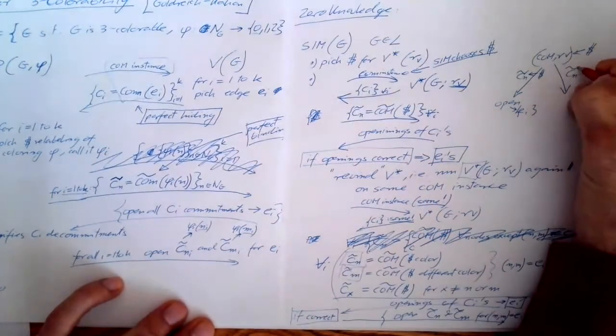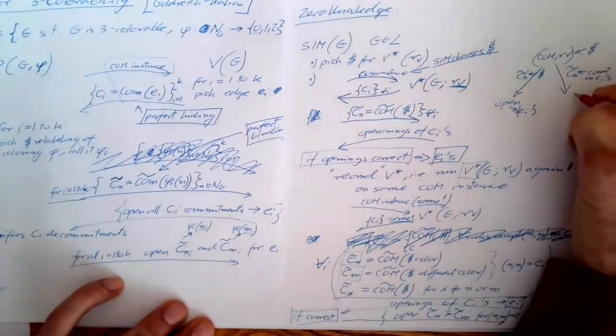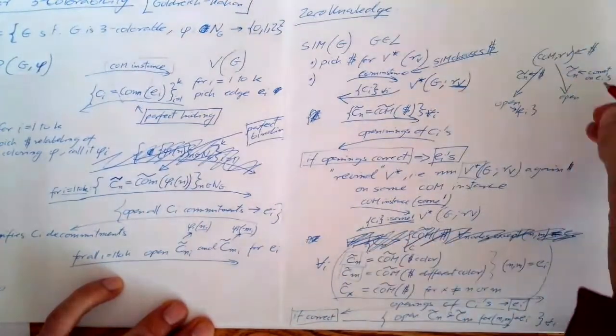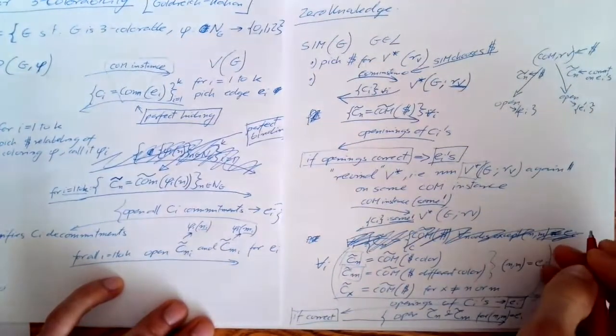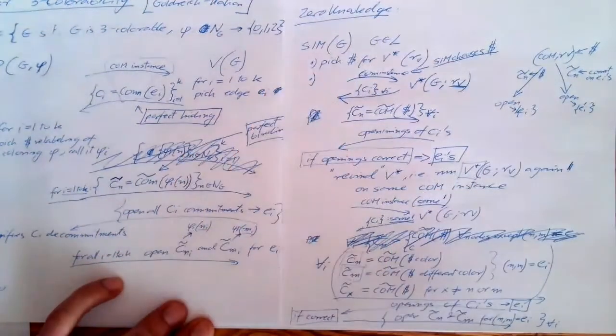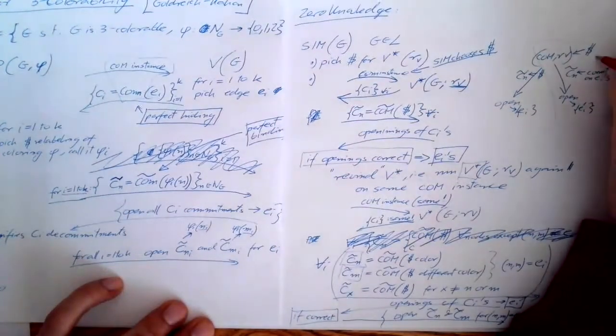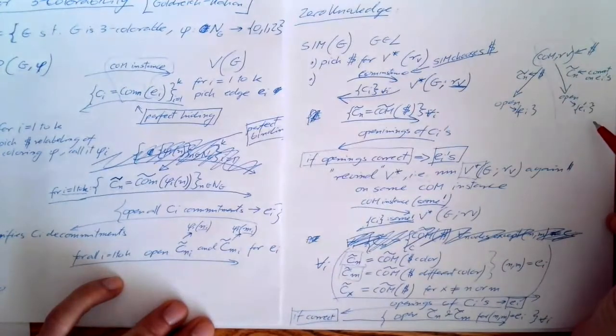So we created C_n correct on E_i. And here the verifier again opened to some E_i prime. Now, if E_i prime and E_i are the same, this goes through, right? And it is a little complicated to see that this run of the algorithm is distributed exactly as the correct run.